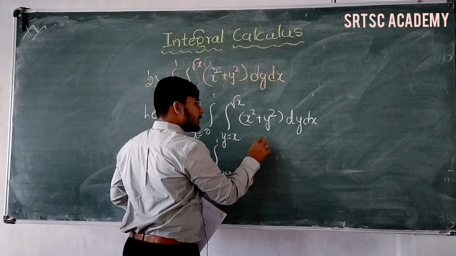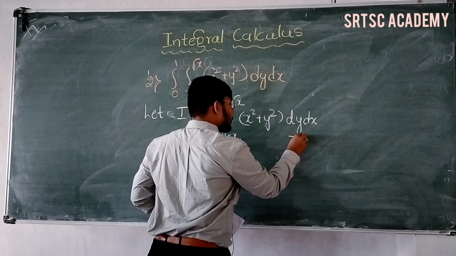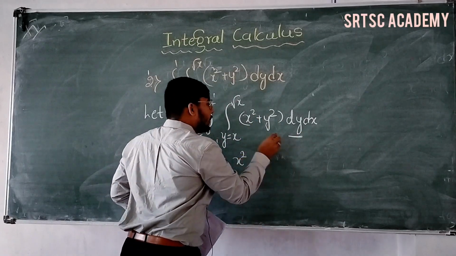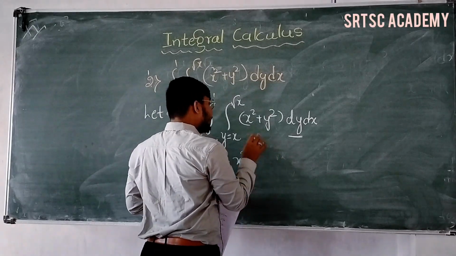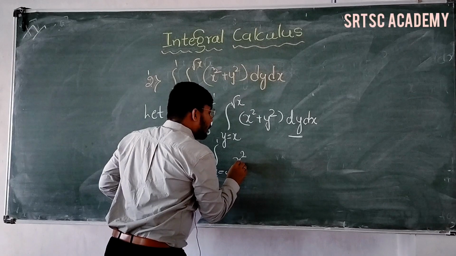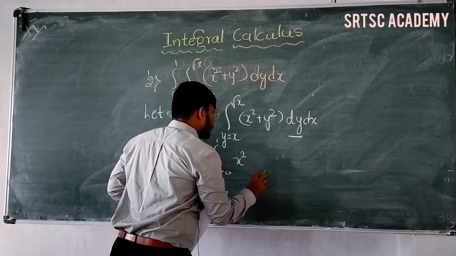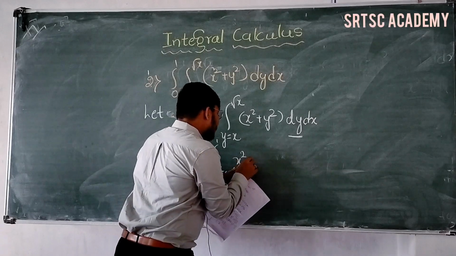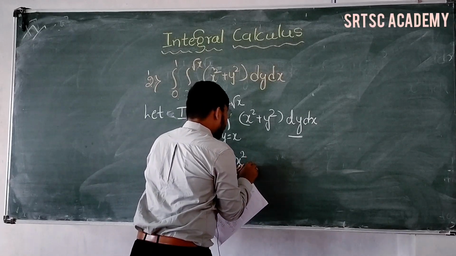Integrate it. We are doing the integration with respect to y. Keep it in mind. While doing integration with respect to y, treat x square as constant. Integration of dy is what? Here x square is constant, so it is 1 dy.